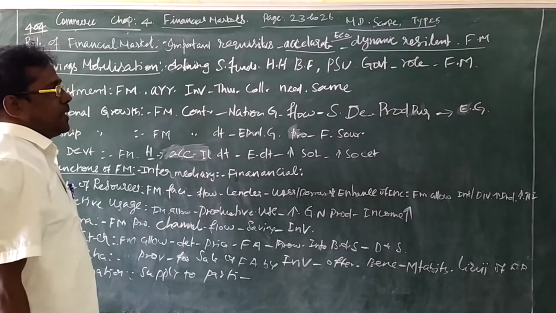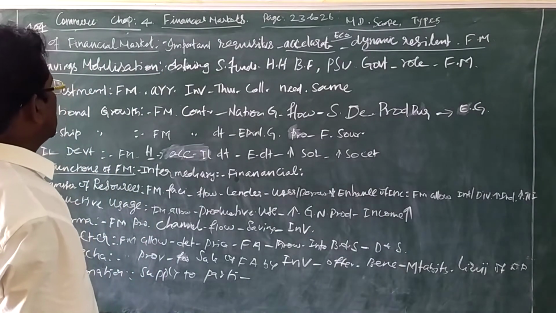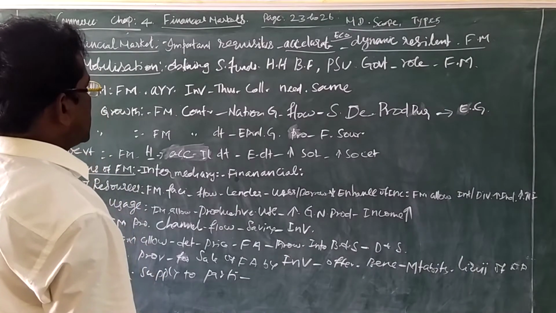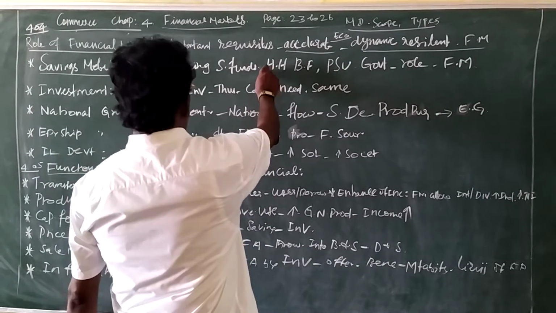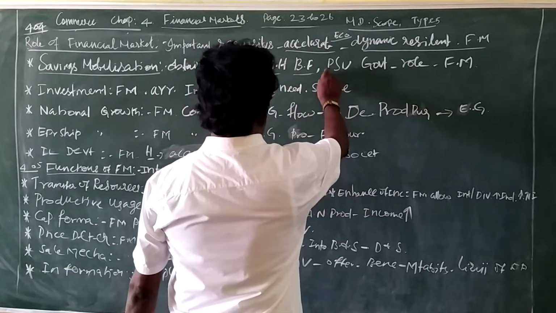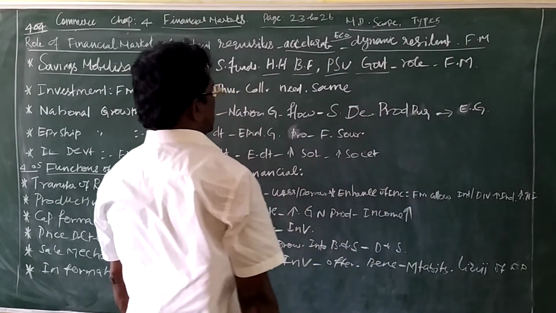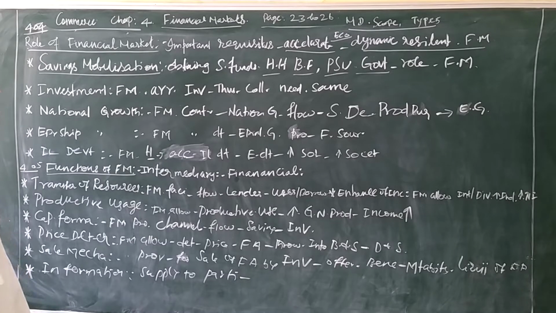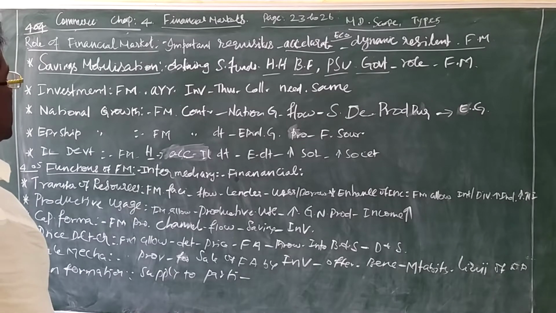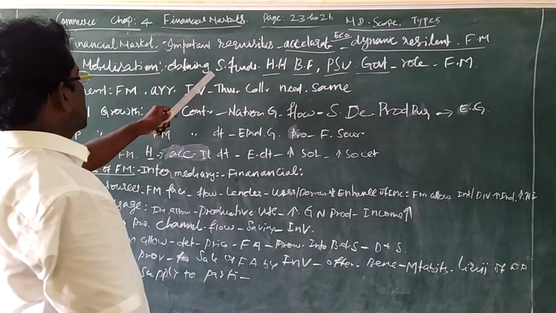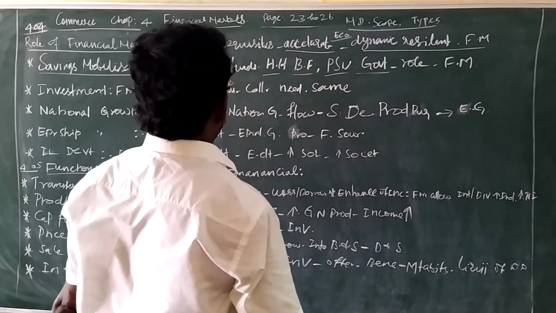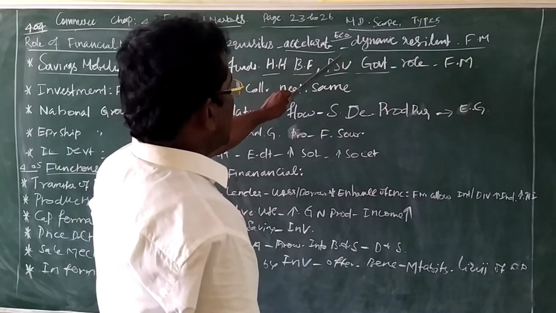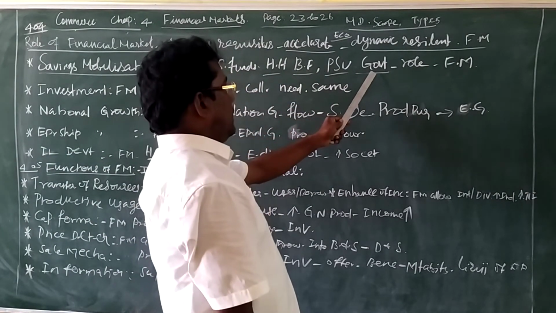That is obtaining funds from various savers, from various sources of savings, namely household, business finance, public sector units, and even the government. The financial market plays an important role in the collection of funds from various savers, those who have a surplus amount of funds, namely household, business finance, public sector units, and even the government.